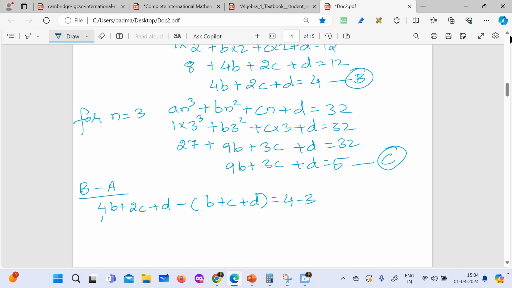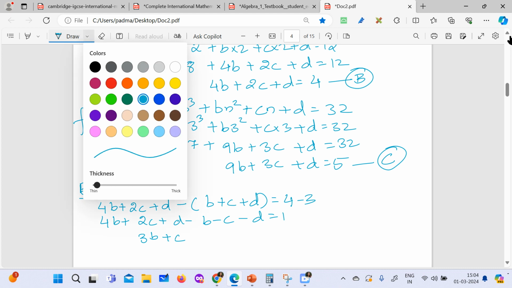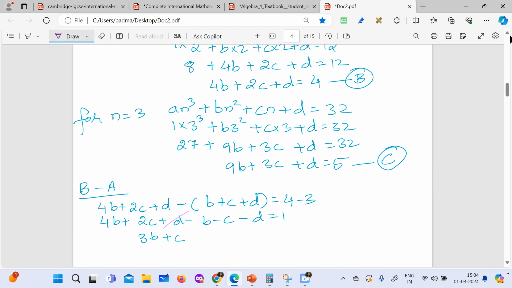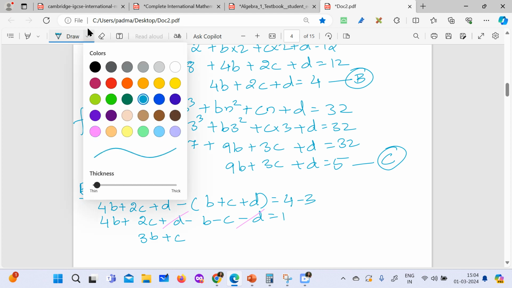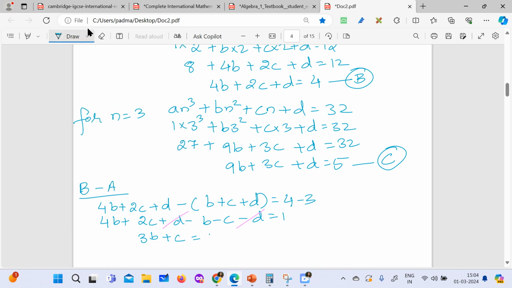Okay, let's open the brackets. 4b plus 2c plus d minus b minus c minus d equals 1. So 4b minus b is 3b, 2c minus c is c, and then plus d minus d cancels out. Now this gives us 3b plus c equals 1, and I will mark this equation as D.